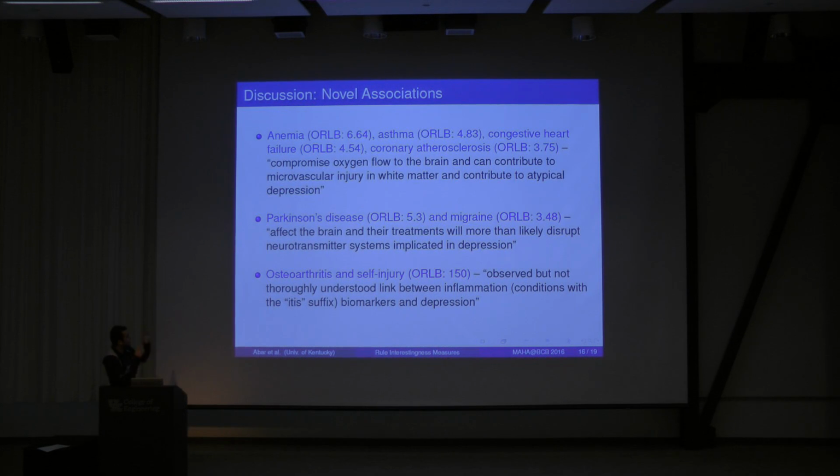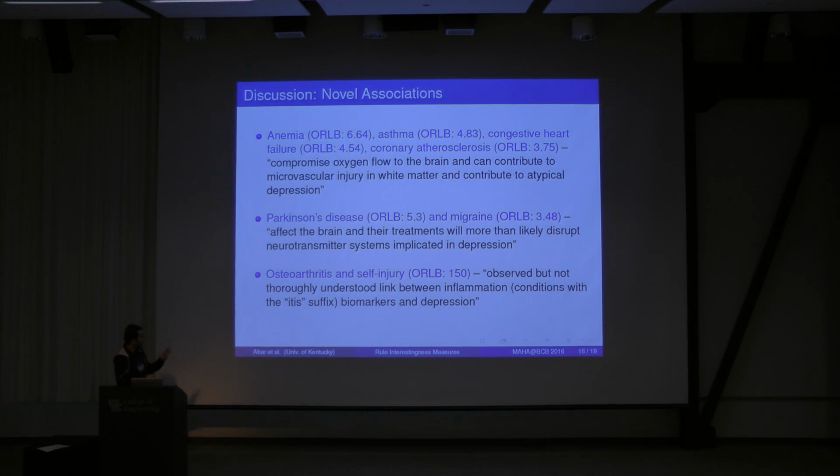It has codes from our medical examiner. These are the compromised oxygen flow to the brain and can contribute to the hypoxic injury in white matter and contribute to the typical depression. For the second group, we can say that affected brain and their treatment with more than likely disturbed neurotransmitter system indicated for depression.